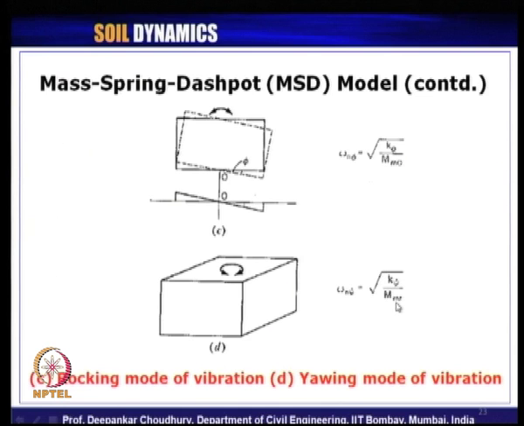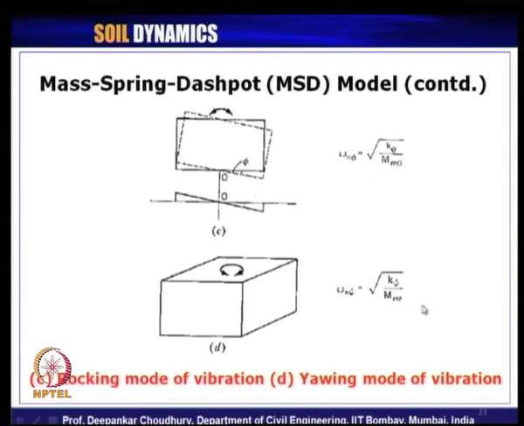M z is nothing but the mass moment of inertia of the system calculated about this z axis. K psi is the torsional stiffness of the system.